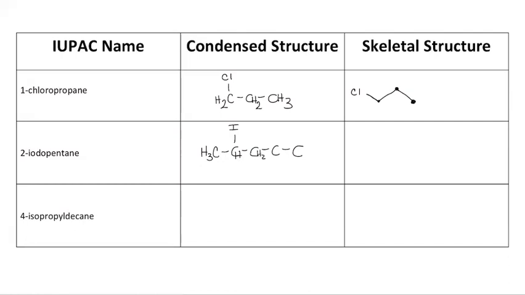Excellent, this is a CH2. What about the last carbon? When we draw the skeletal, we say this is carbon 1, carbon 2, carbon 3, carbon 4, carbon 5. And then this is my carbon 2, I put the iodine.